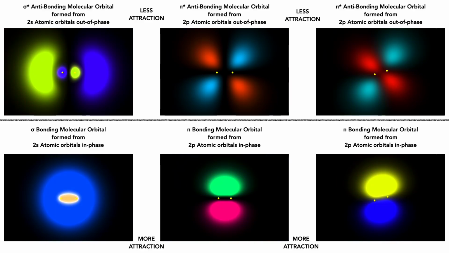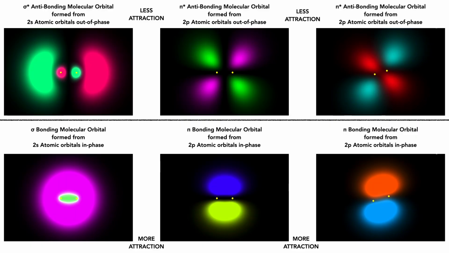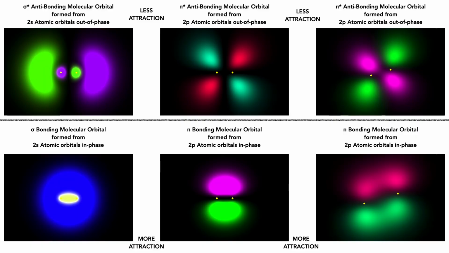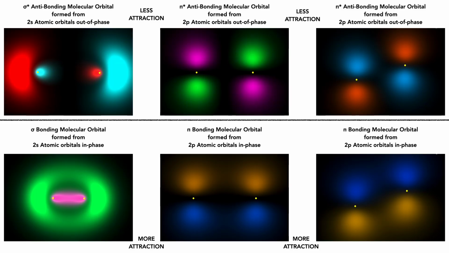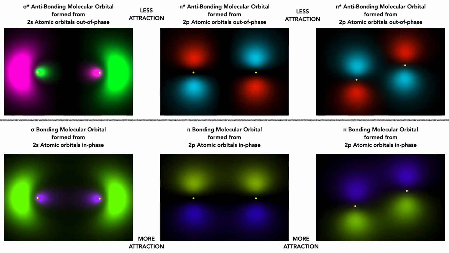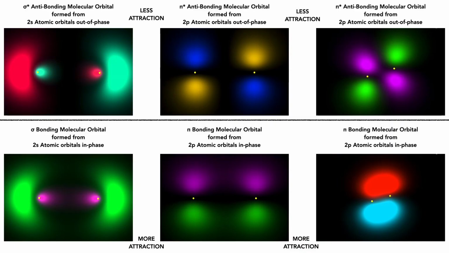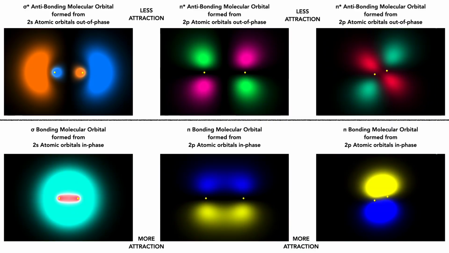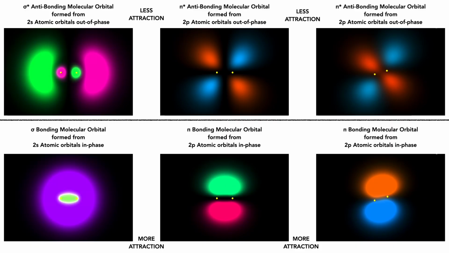And so here we have sigma bonding or pi bonding represented at the bottom here. And notice how sigma bonding will always result in no planar nodes. Okay, but pi bonding will result in one planar node.